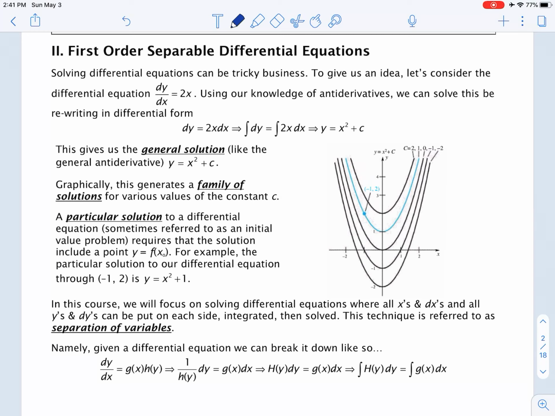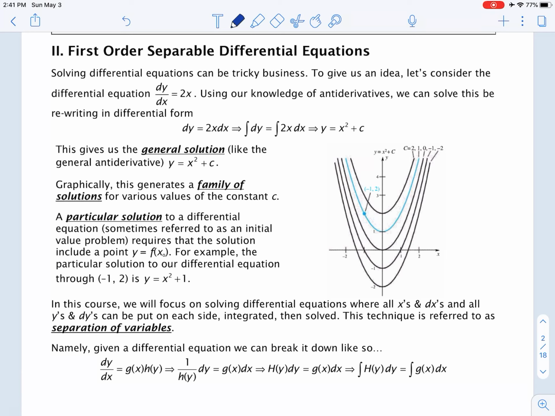So here we go with our first type of differential equation, and that's known as the separable one. Normally when we are solving differential equations, we're going to end up taking an integral, and in most cases that integral is going to be an indefinite one. And remember, when you take indefinite integrals, you end up with a family of functions.